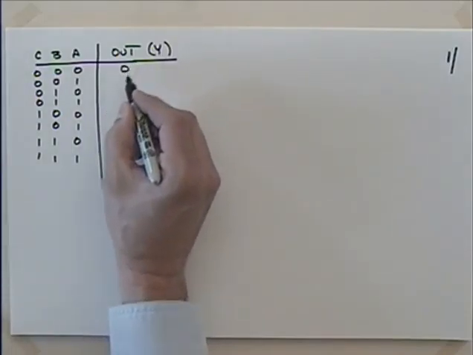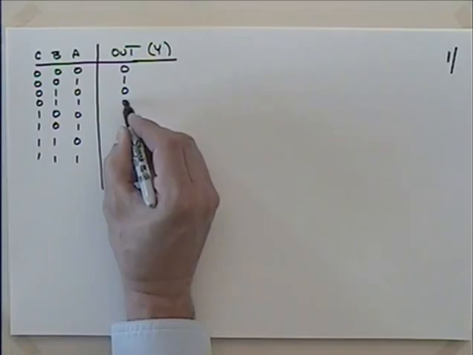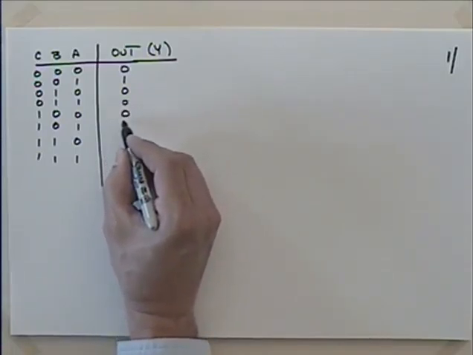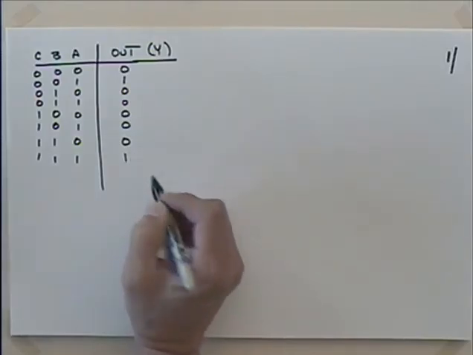I'm going to have 0, 1, 0, 0, 0, 0, 0, and 1.